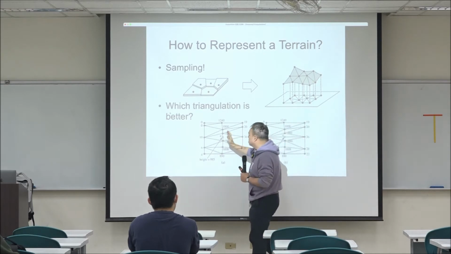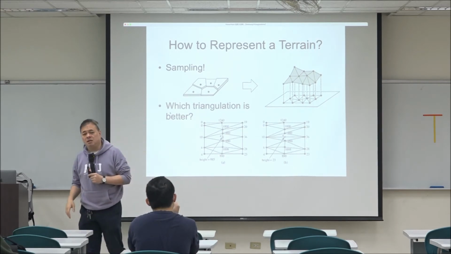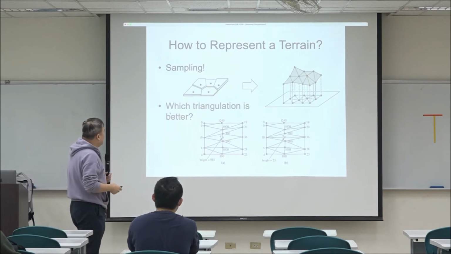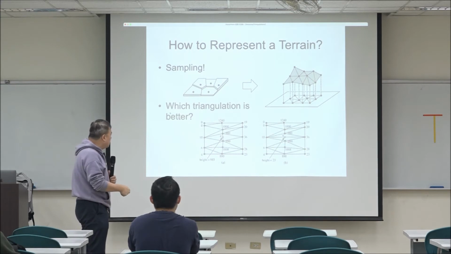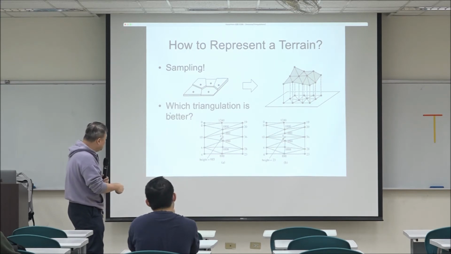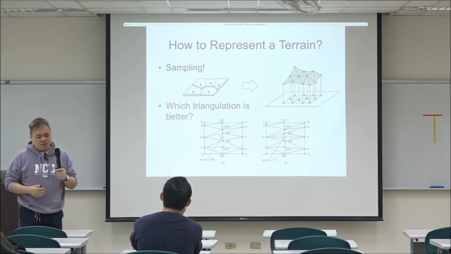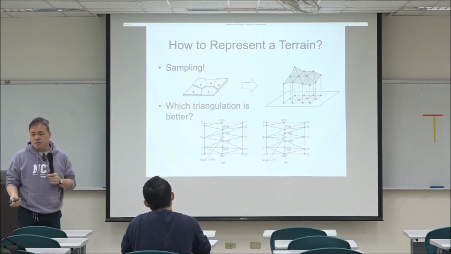On the other hand, a ridge line is very common in mountain areas. So this brings an interesting question. It looks like the triangulation on the left-hand side is better than the one on the right-hand side, because when you do the interpolation, it tends to be consistent with your intuition.